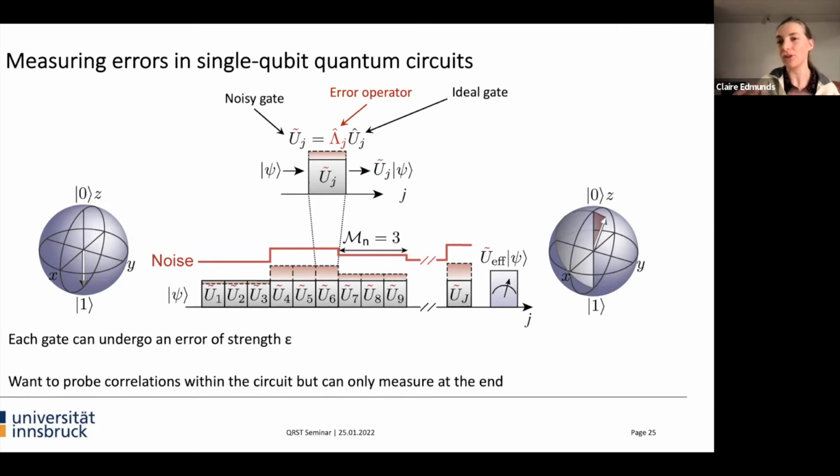Is it over rotation or off resonance or some sort of hybrid problem? This entire protocol can be done for any unitary error channel, but without loss of generality, we can just assume we've got a particular one, let's say off resonance. So when we calculate the error operator for that, we're going to find some error operator which encapsulates the strength and the quadrature of the error for that gate. Is it sigma x, y, or z?